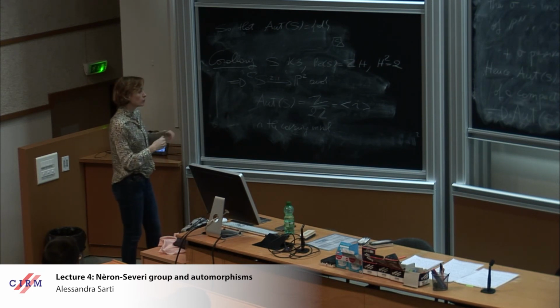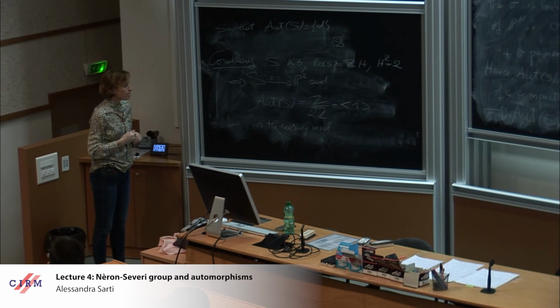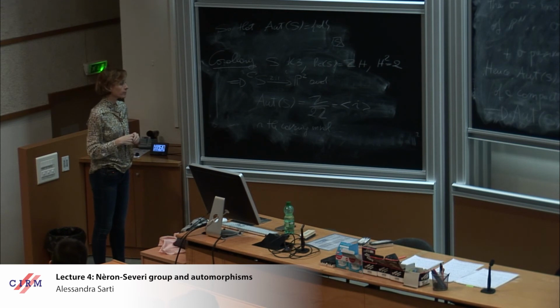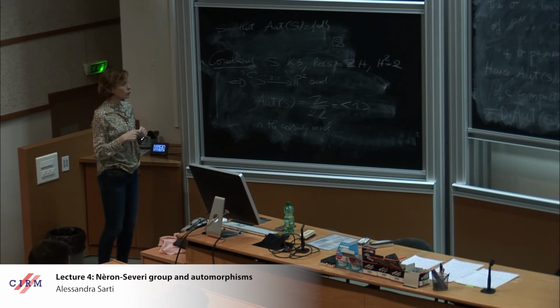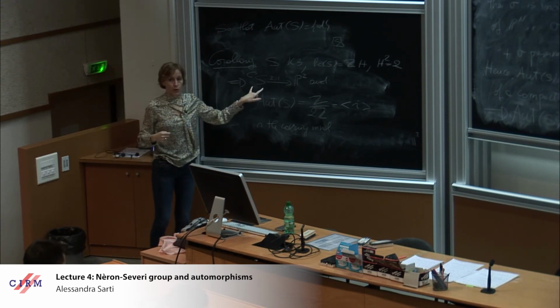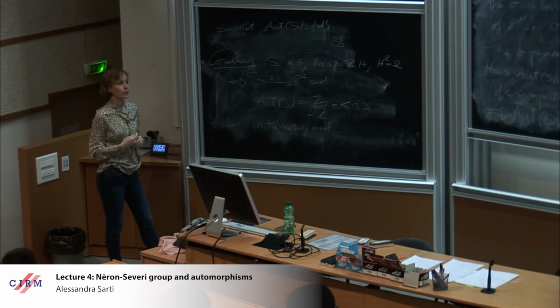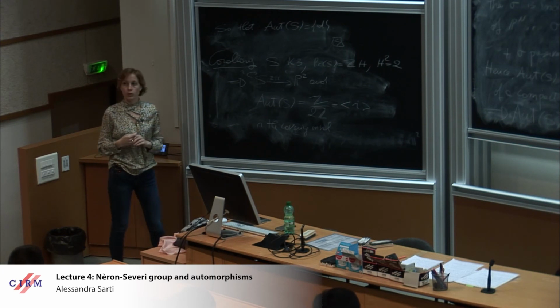So one can show that the only case where a generic projective K3 has a nontrivial automorphism group is exactly that one. In the other case, you have nothing. So you need a higher Picard number to get automorphisms. Okay, we'll stop here.